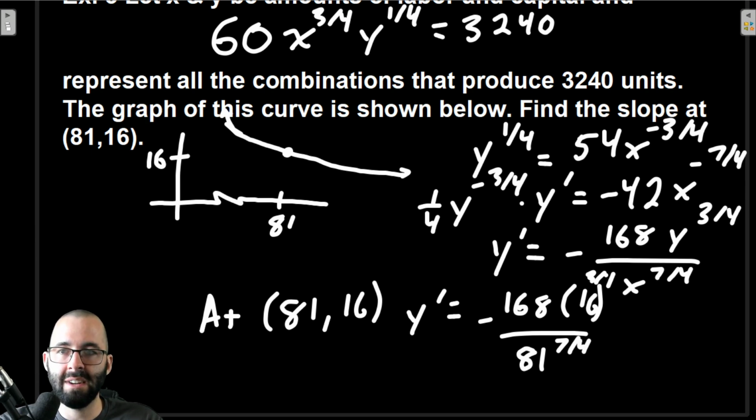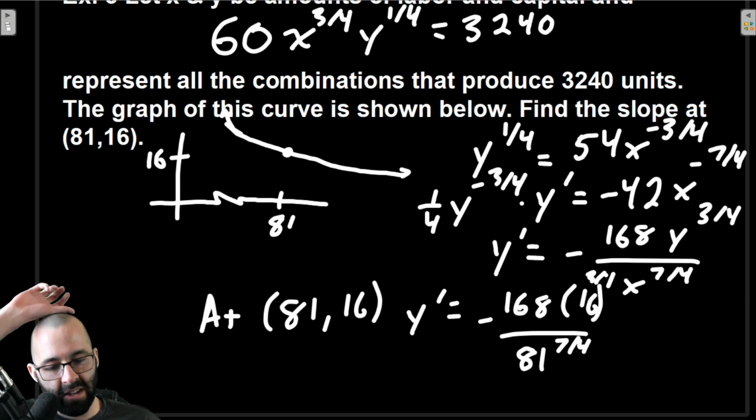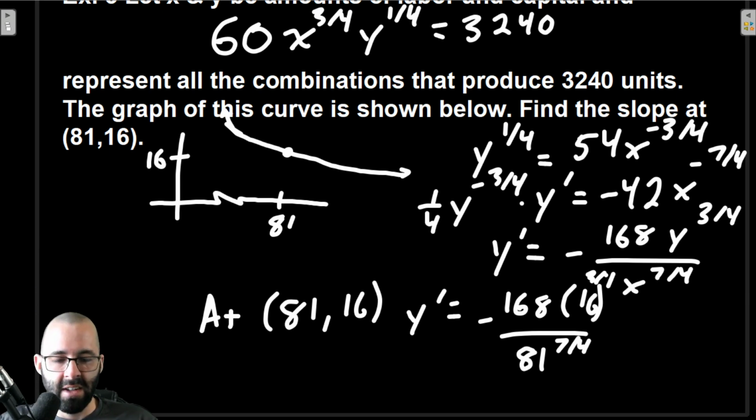Negative 168 times 16 raised to the 3/4 power, all divided by 81 raised to the 7/4 power. This comes out to approximately negative 0.61, I think. A negative 0.61.